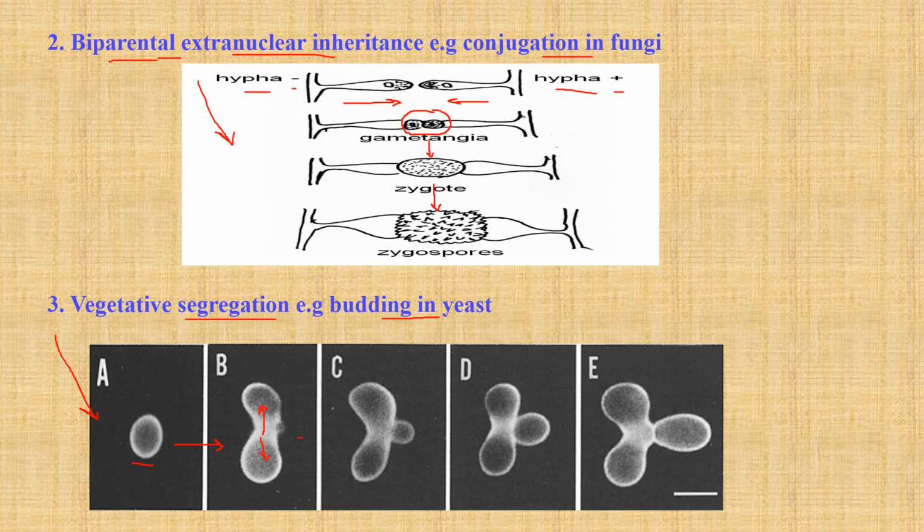Here it moves on to gradually divide to give three cells. Here the three cells are still being formed, and here the three cells are fully formed. And so the non-chromosomal DNA is distributed in an unequal or random manner to each of these cells. And this is known as vegetative segregation.